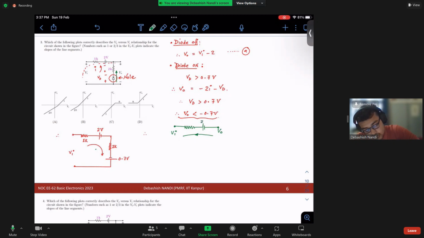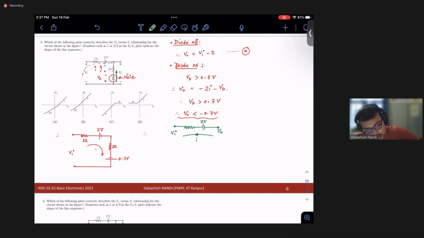So if this is your 2 volt and this is your I, can I write KVL here?